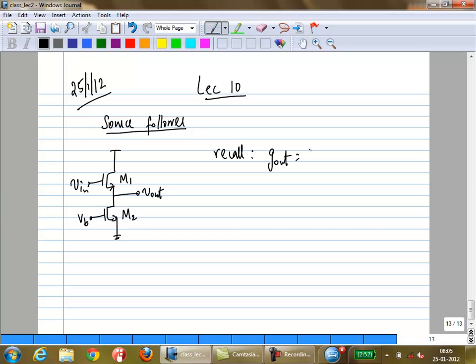What is it? Exactly. 1 by GM1 in parallel with 1 by GMBS1 in parallel with RDS1 in parallel with RDS2. Okay. In other words, G out is GM1.